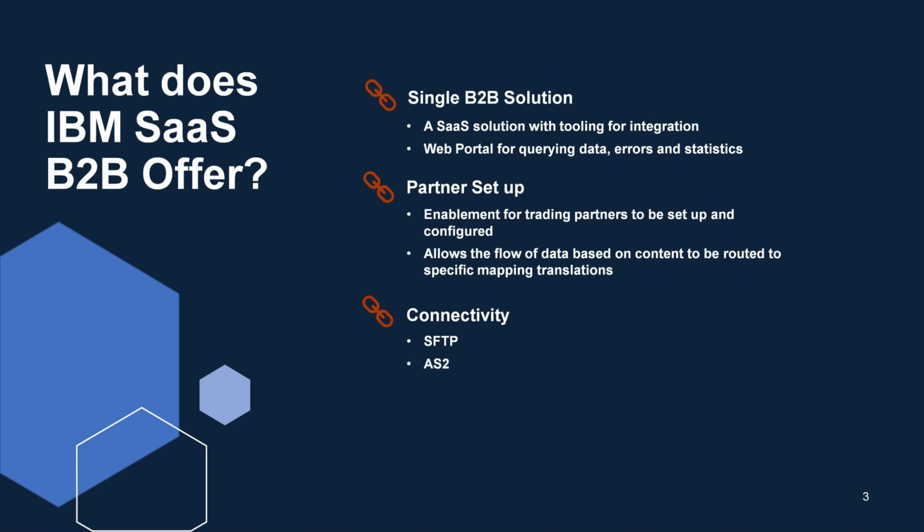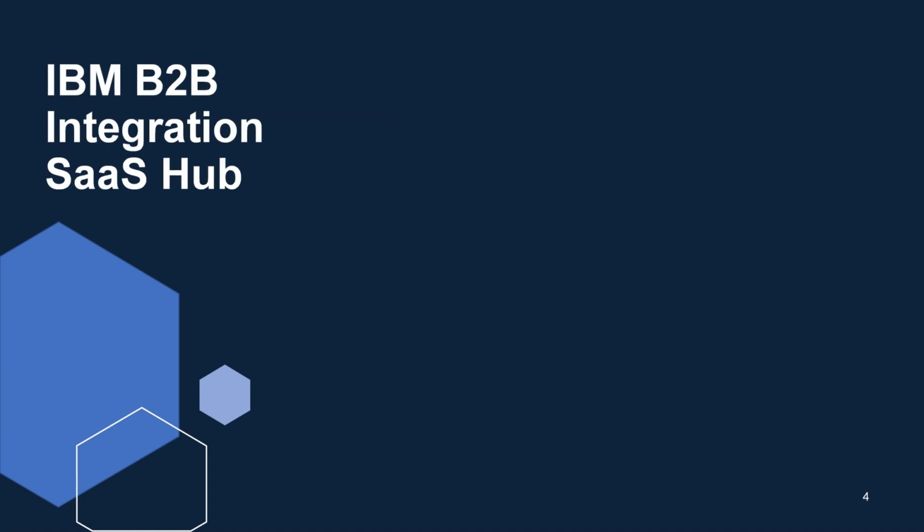It also offers AS2, and there is capability there for HTTP or API endpoints as well. As well as the connectivity, we've also got the data transformation capabilities, and this is provided via the Sterling Integrator Map Editor tool. So let's look at the IBM Hub.